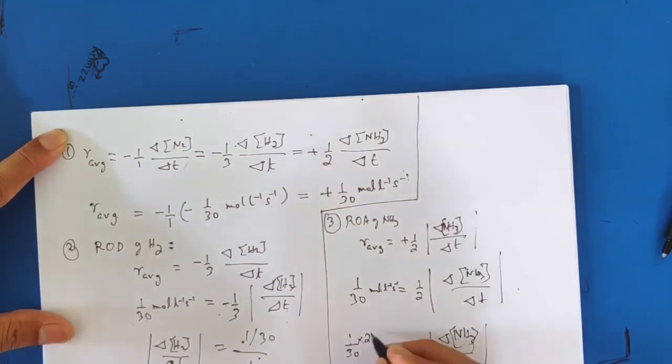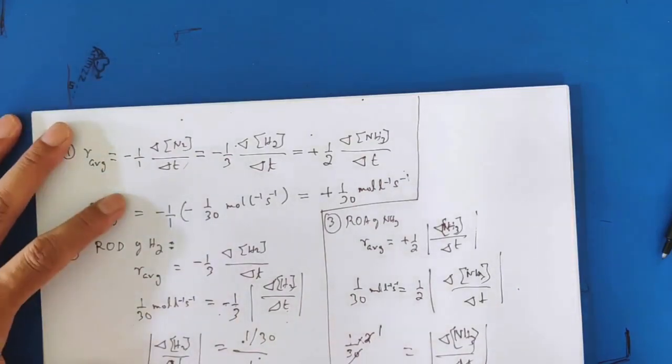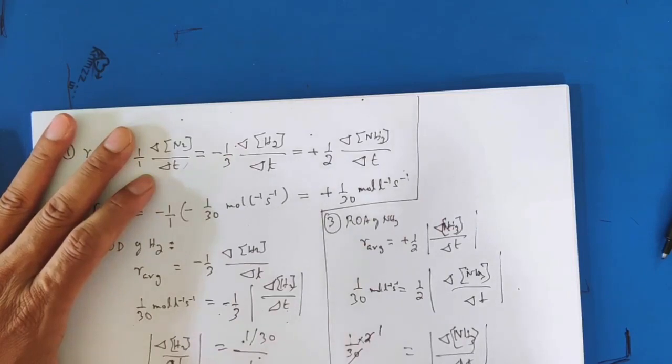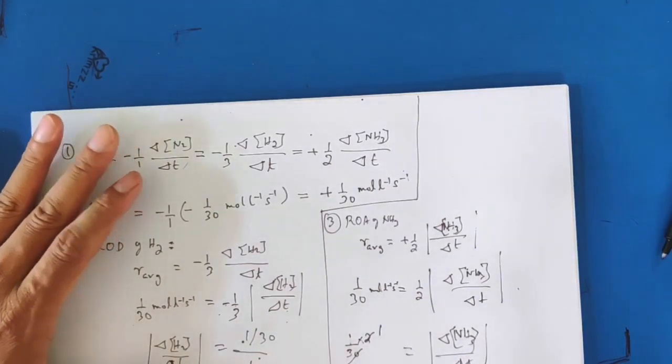So 2 by 30 is 1 by 15. So the rate of appearance of ammonia del T is given by this. So the unit is mole liter inverse second inverse.